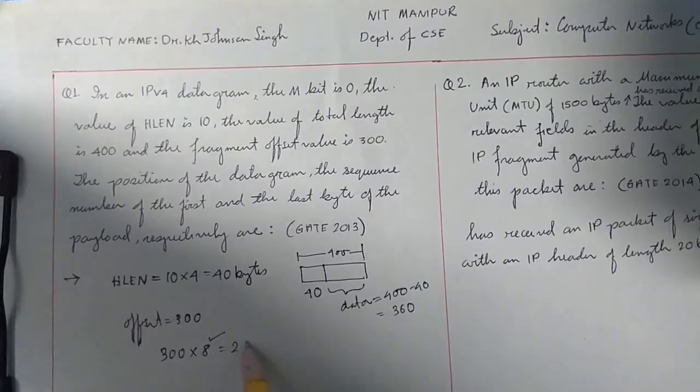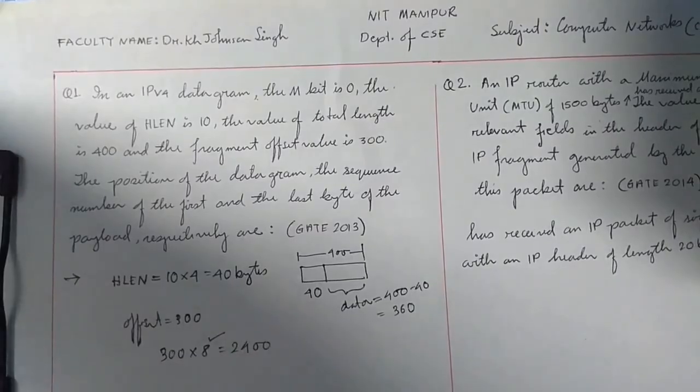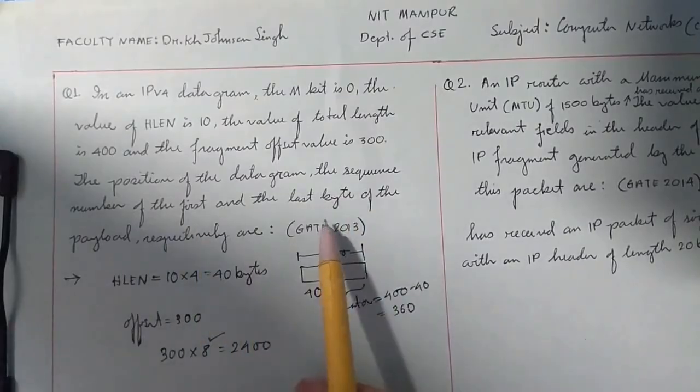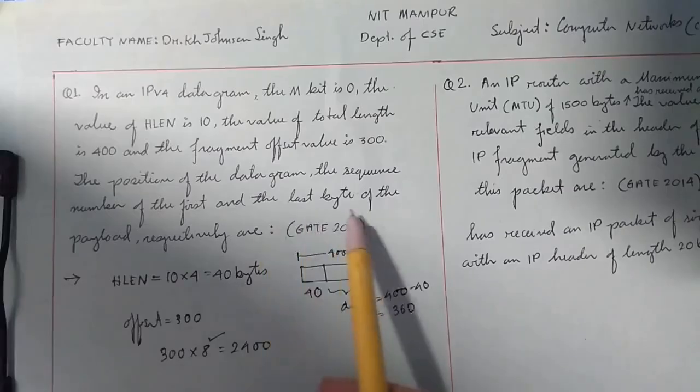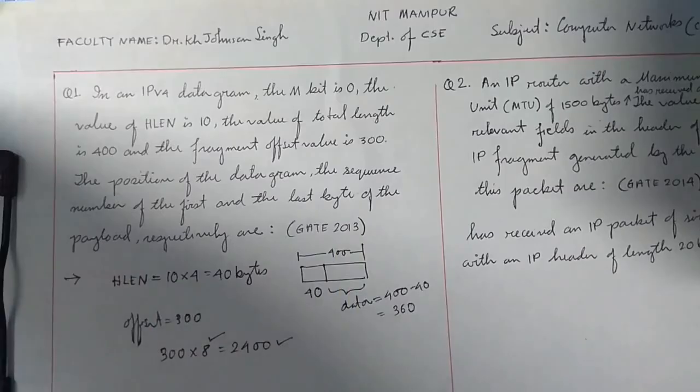So this is 2400. So the sequence number of the first byte in the payload is 2400.